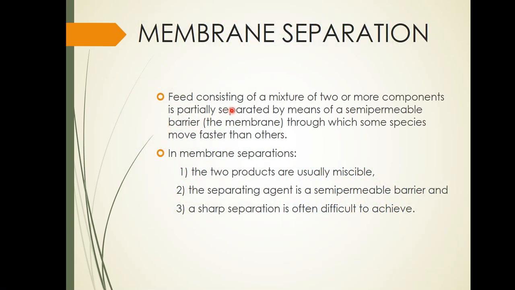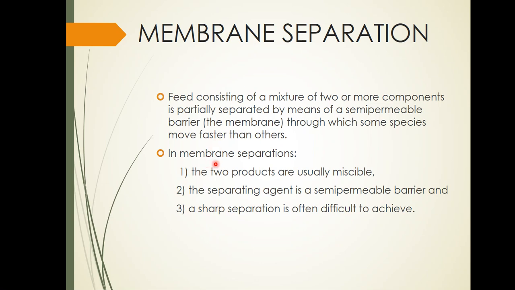Now, your feed, consisting of a mixture of two or more components, is passed through, take note, this semi-permeable membrane or barrier. The species may pass through at different rates in this semi-permeable membrane, since our separation can be in terms of solubilities and in terms of diffusion rates.